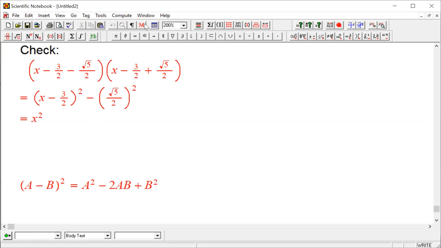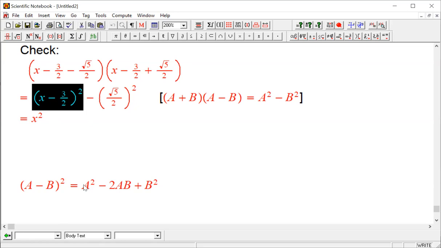And over here, we used a plus b times a minus b equals a squared minus b squared. Now when we FOIL this piece, we can use this formula.